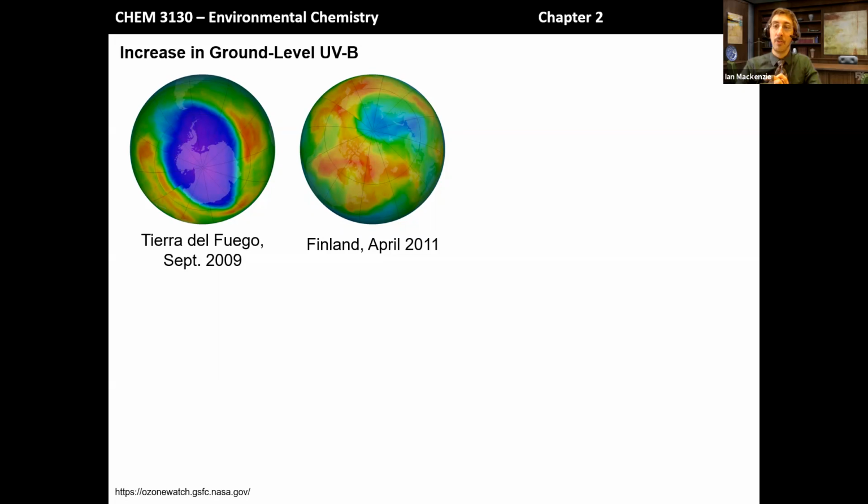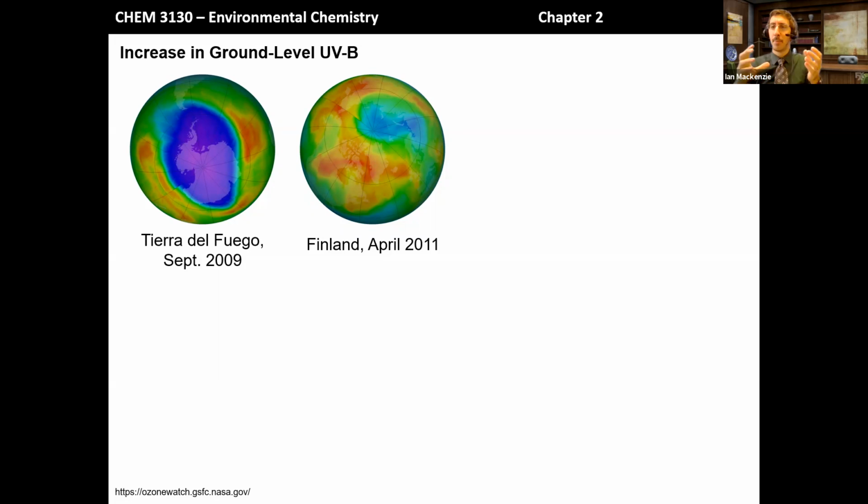But occasionally some ozone holes have opened over the northern hemisphere, and in 2011 there was an ozone hole over Finland, and that certainly exposed those people to an increase in UVB light, and particularly for Northern Europeans that have very light skin, skin cancer due to exposure to UVB light is a major concern.